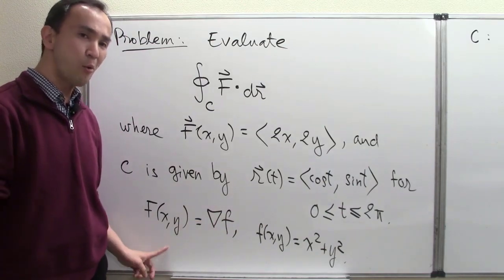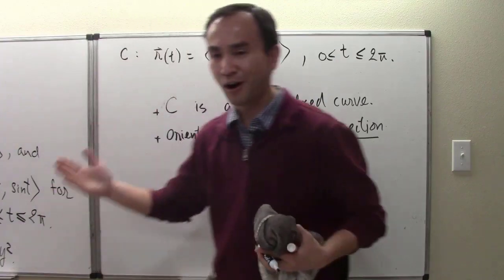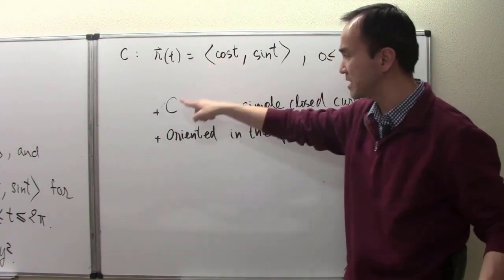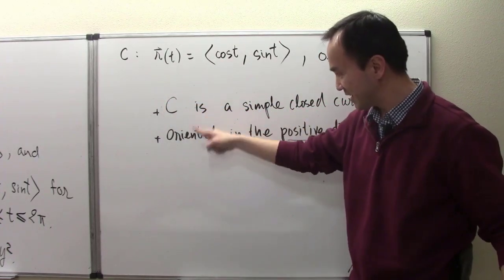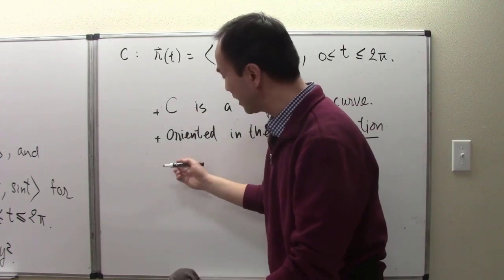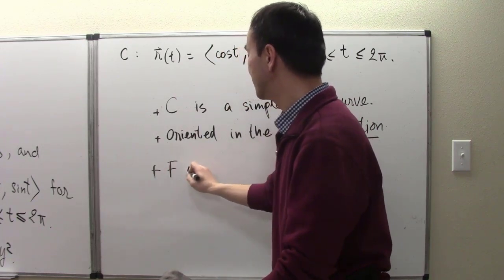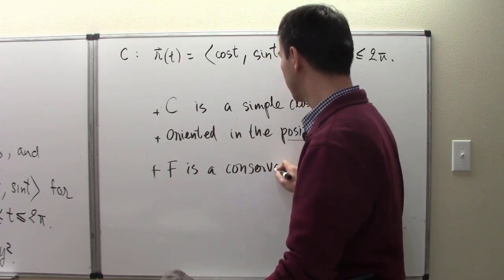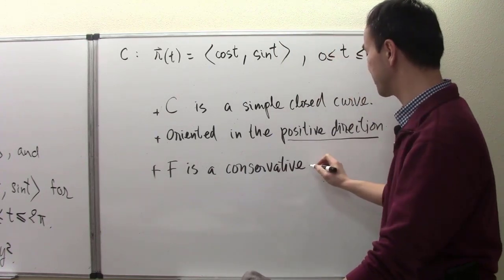My point now is that, on top of this being a line integral along a simple closed curve, with the curve oriented in the positive direction, the vector field is a conservative field. So that's what's going on in this problem. The vector field here is a conservative field.